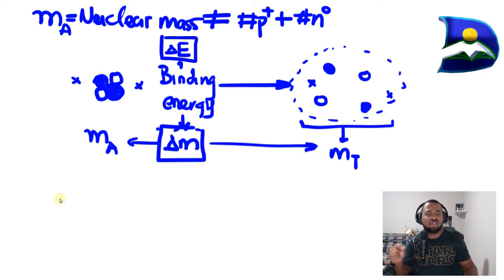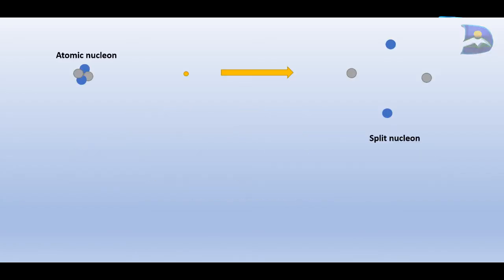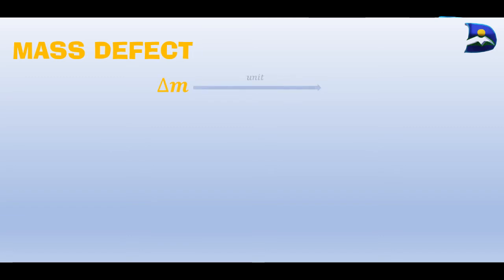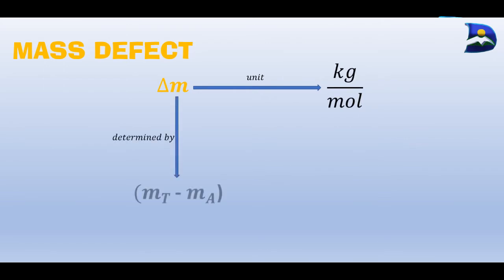But first, what is change in mass? So how are we going to determine a change in mass? Our change in mass, or I will call it the mass difference, has a specific unit, kilograms per mole. And once kilograms per mole is our unit for the mass difference, then in order to determine it, we are going to relate our total mass with that of our atomic mass, or our nuclear mass.